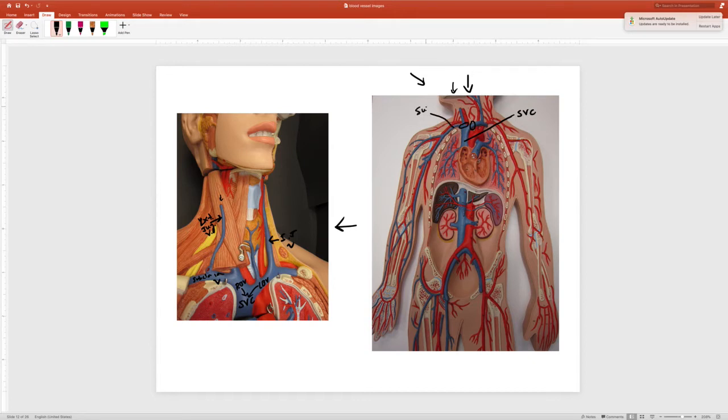It's the blue vessel here. It runs right alongside the subclavian artery. Now, as we move to the axillary region, there are going to be a few different vessels that drain into the subclavian vein. This one is going to be the cephalic vein.